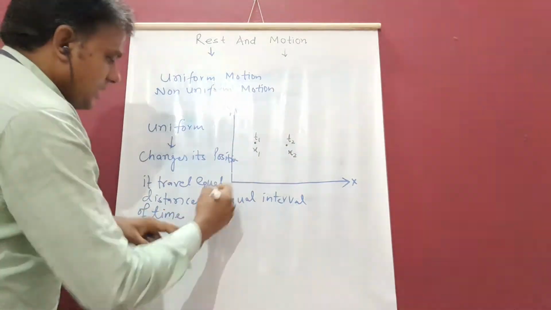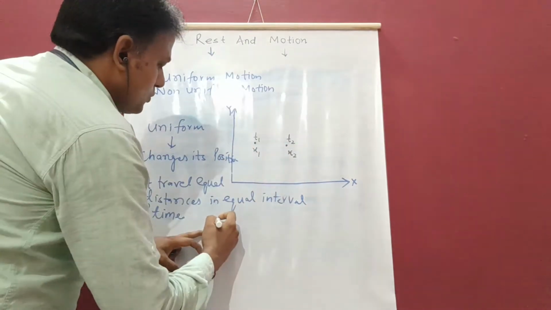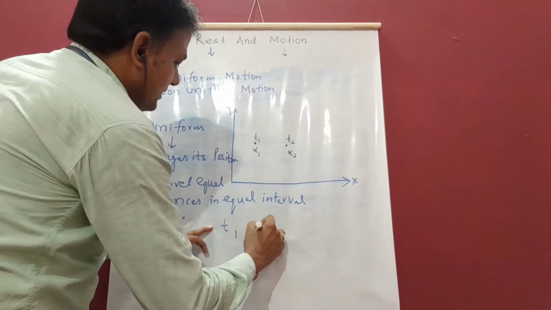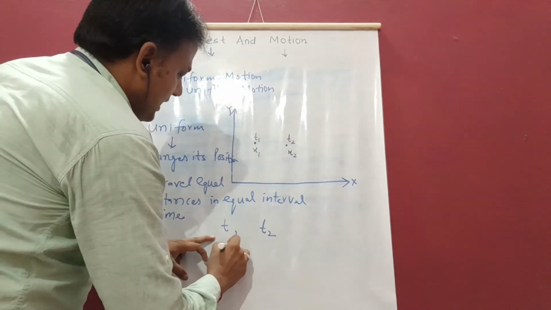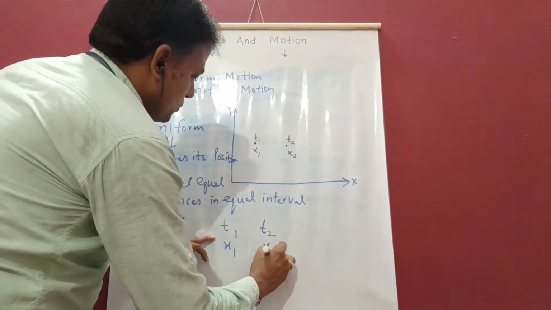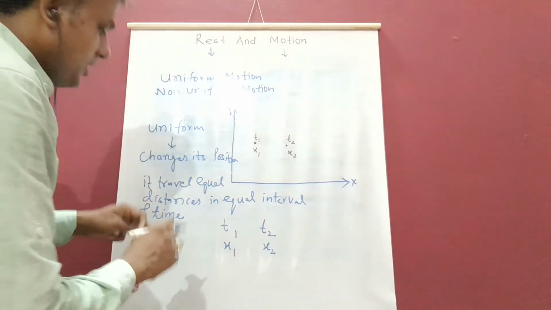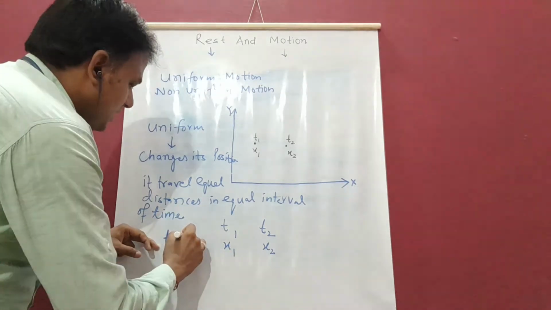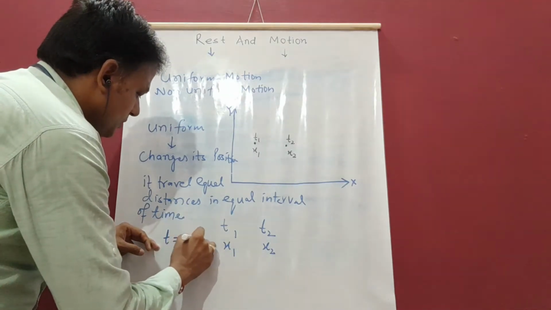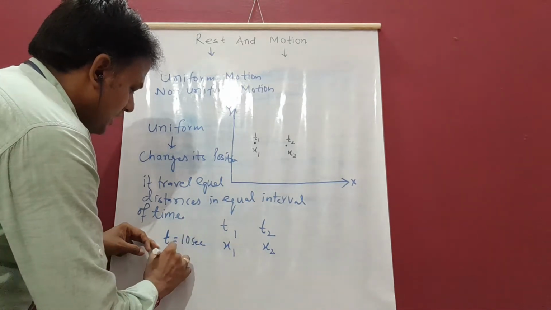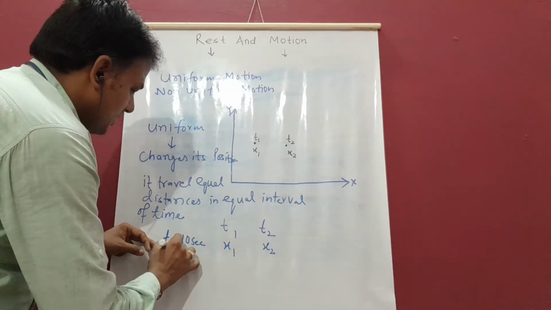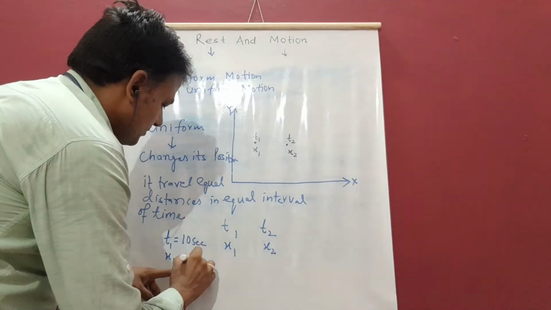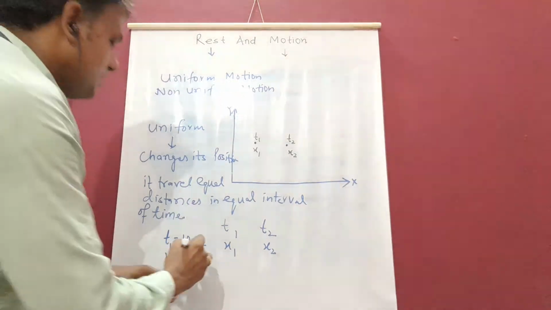Suppose that here two positions of the object are represented at times t1 and t2, which are represented as x1 and x2 respectively. Suppose t1 equals 10 second and x1 equals 20 meter.